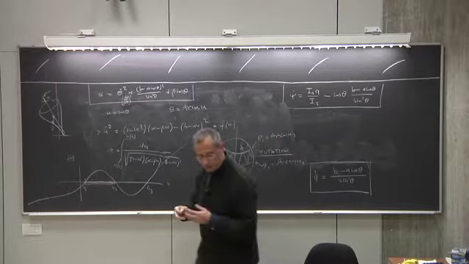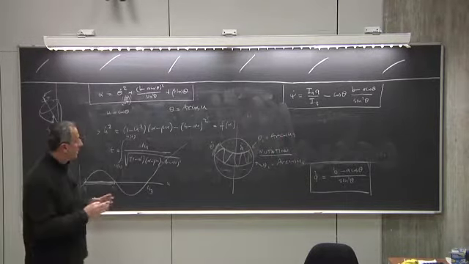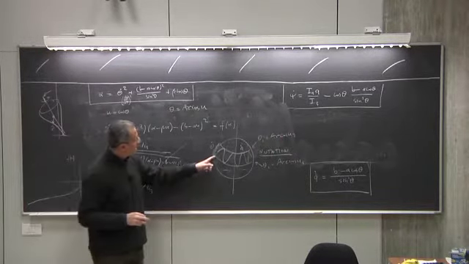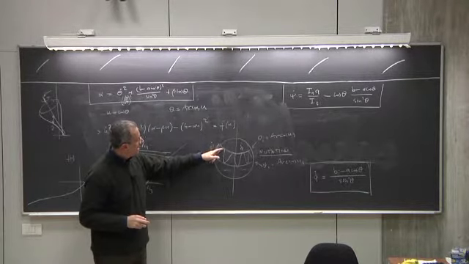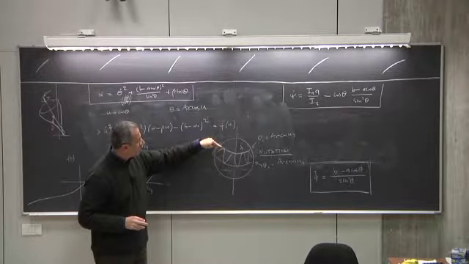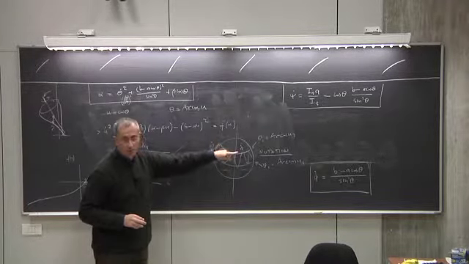I'll just say it in words: you come up here with a certain velocity in the theta direction, and then the question is, what is the velocity at the same time in the phi direction? So what is the sign of phi dot, given by this equation, when you reach the point there?